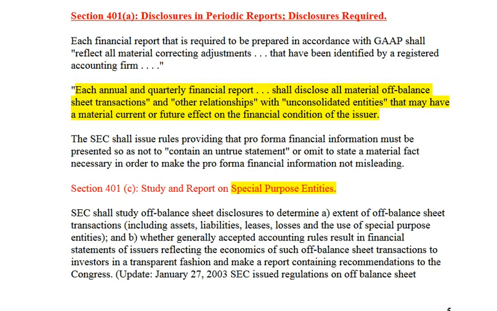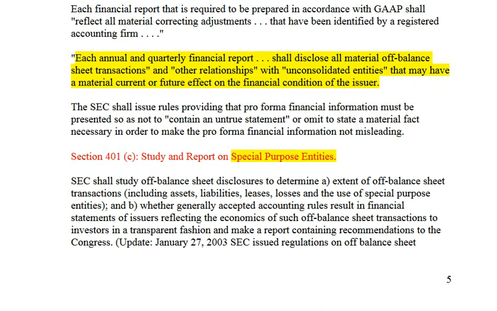Section 401, Disclosure in a periodic report. Disclosure required. Each financial report that is required to be prepared in accordance with GAAP shall reflect all material correcting adjustments that have been identified by the registered accounting firm.